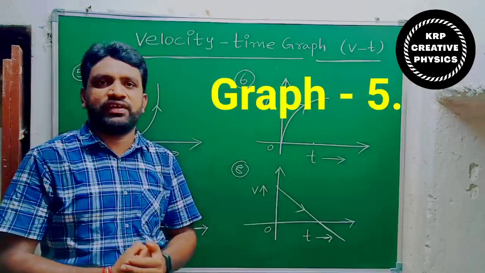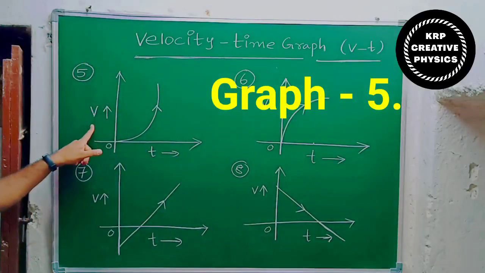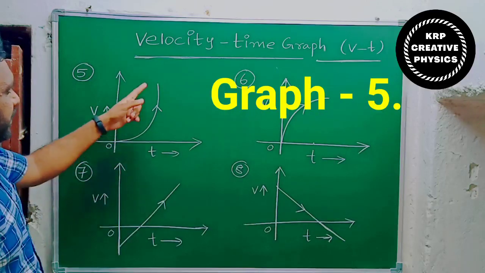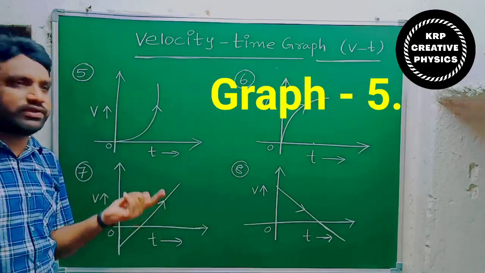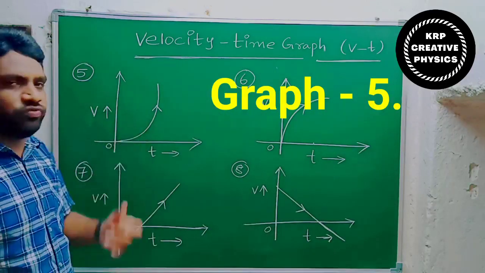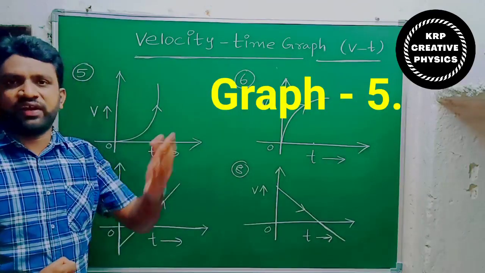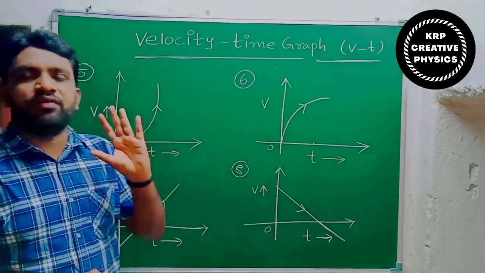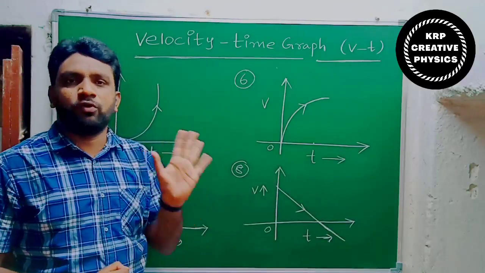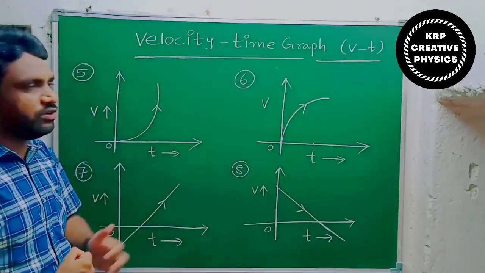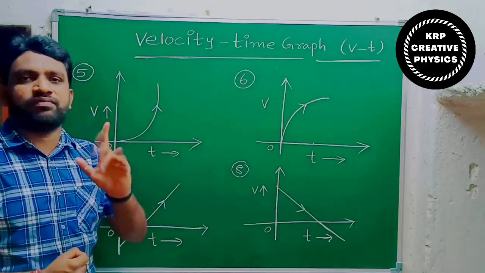Just try to concentrate here. Now we are considering graph 5. If we consider graph 5, here slope is not constant. How can I say slope is not constant? Very simple. You should observe the line. It is not a straight line. If it is not a straight line, definitely slope is variable. So slope is varying. Slope is going to change. Slope changing means acceleration is going to change. That is the first conclusion.